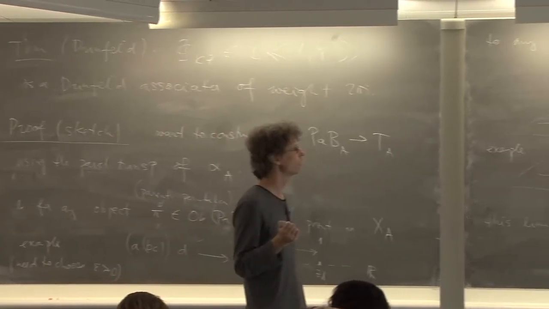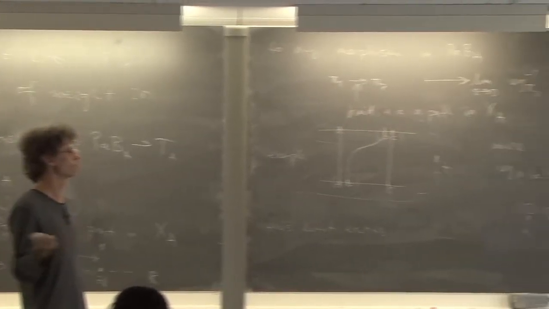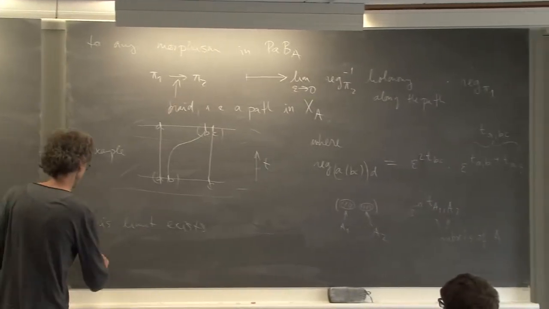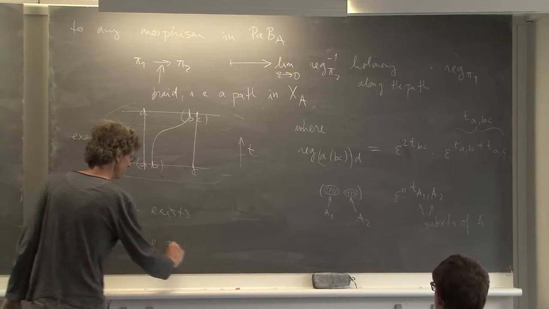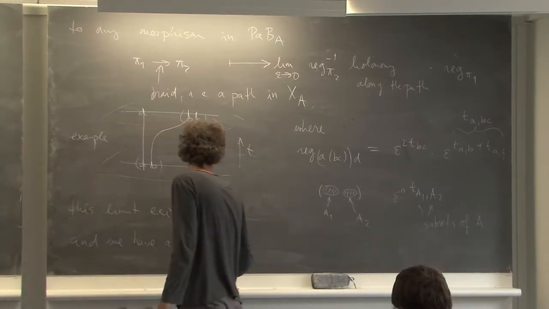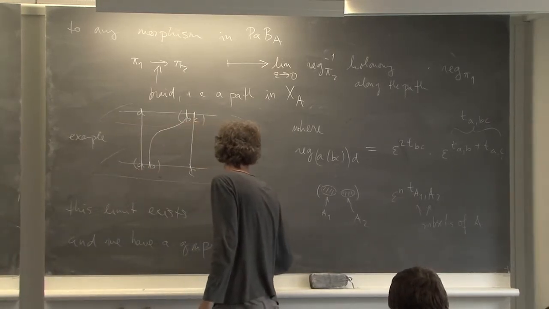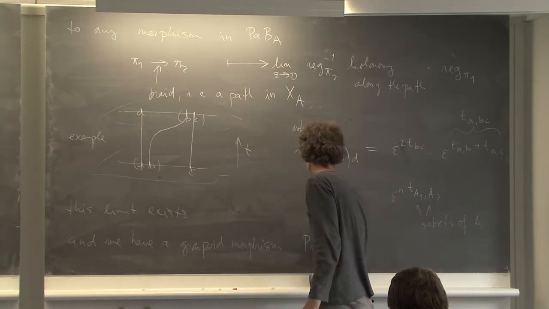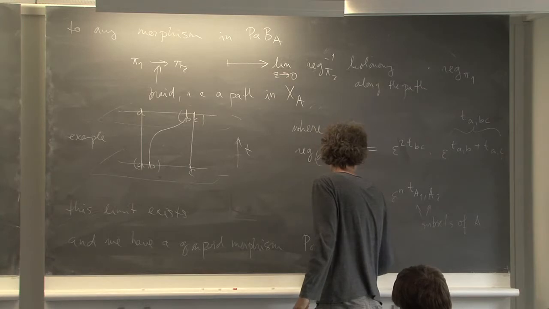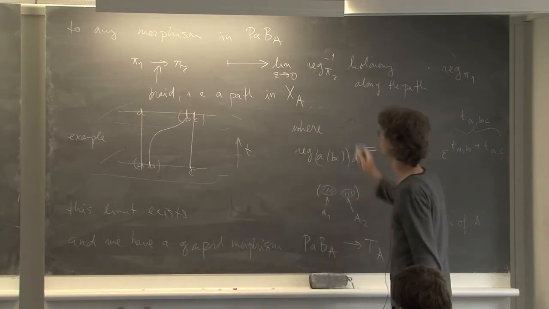And so this gives us a groupoid morphism from PAB_A to T_A. Is it okay?